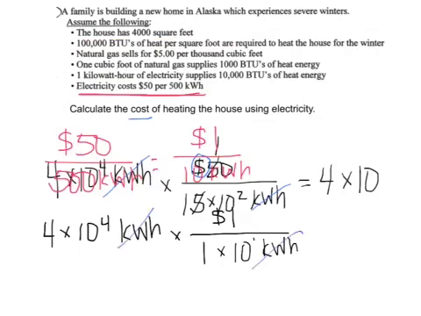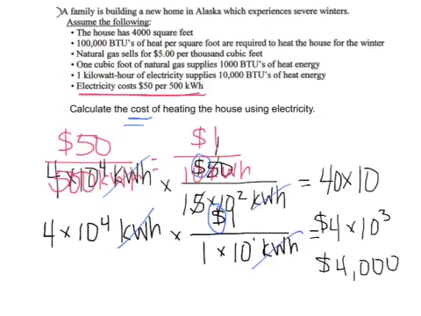We're canceling out kilowatt hours. We're ending up with cost, right? Dollars. So all of our units check out. And then it's 4 times 10 to the third. This would be in dollars, or in other words, $4,000.